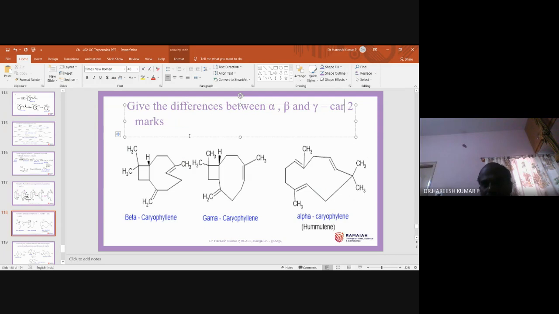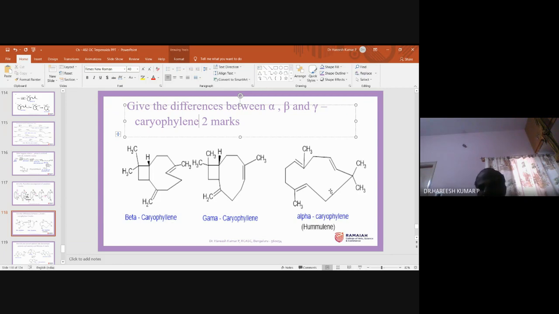So the question itself I have to remove. Give the difference between alpha, beta and gamma caryophyllene. It's a 2 marks question.